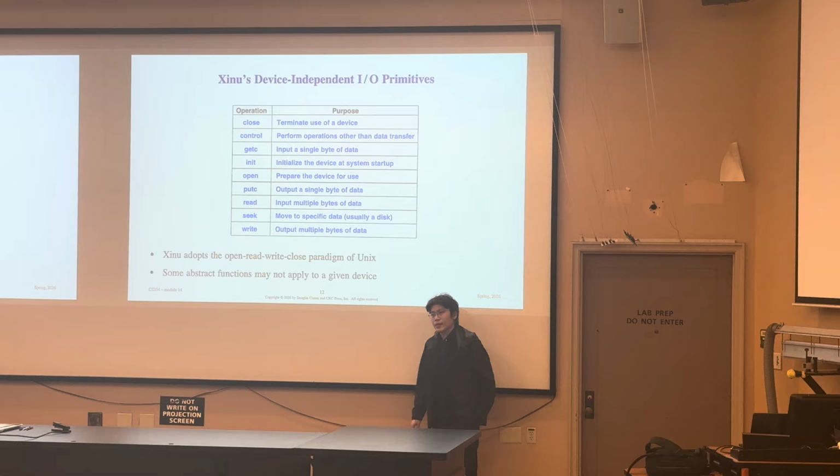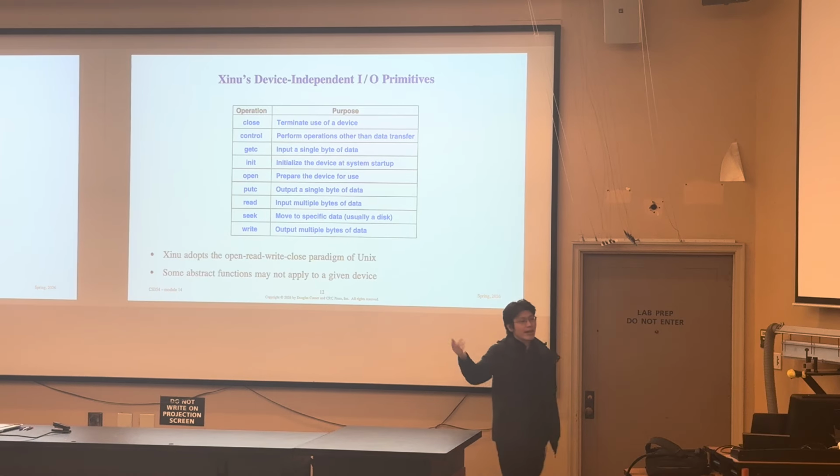Now, I want to pause here to explain that this interface is generic. Again, it's used for many different devices. The reason is that in Linux, in Unix style systems, we treat devices as byte streams.